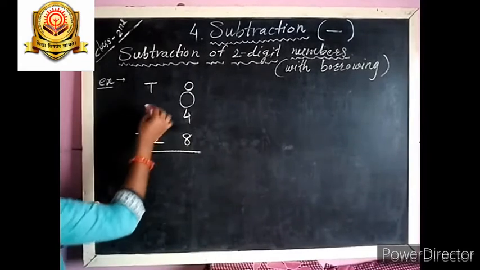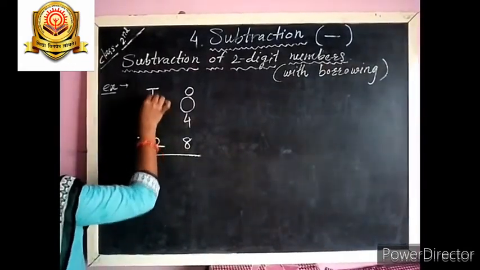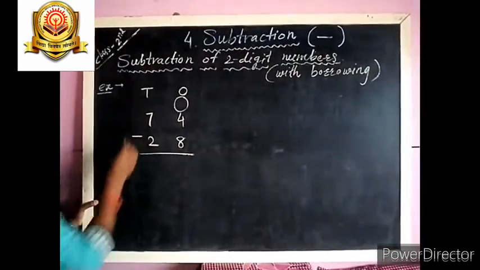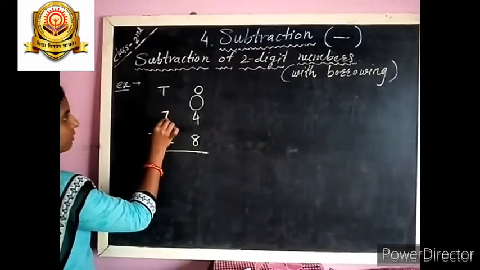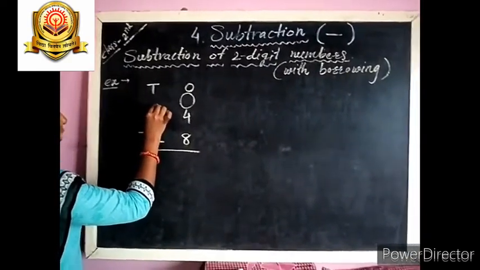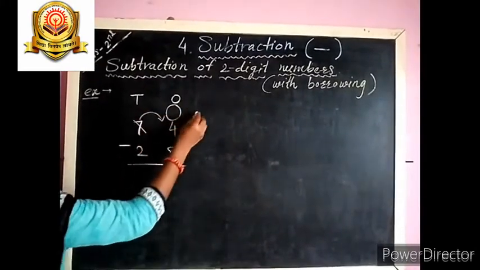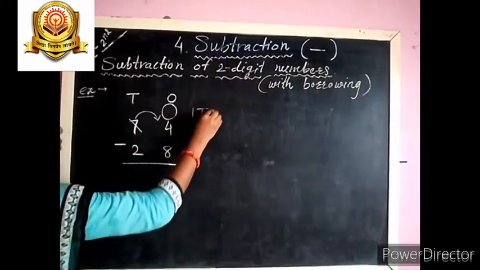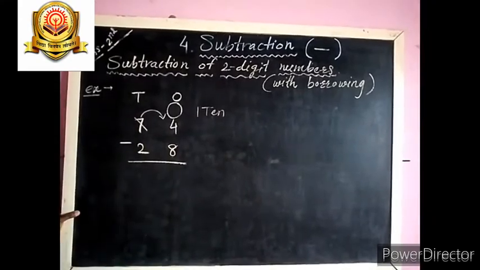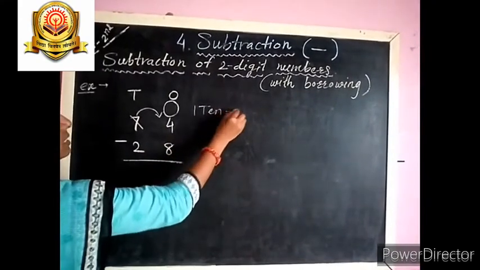Students, we take one borrow from the tens place. Means from 7 tens we take 1 ten. And we know that 1 ten means 10 ones.